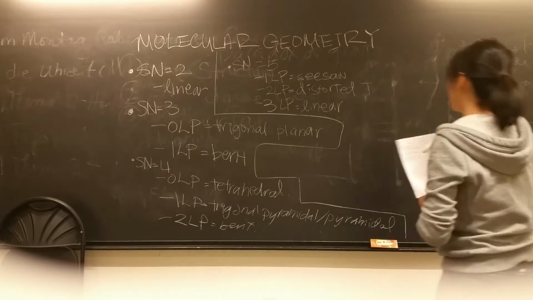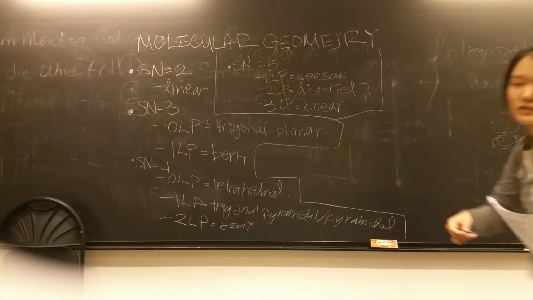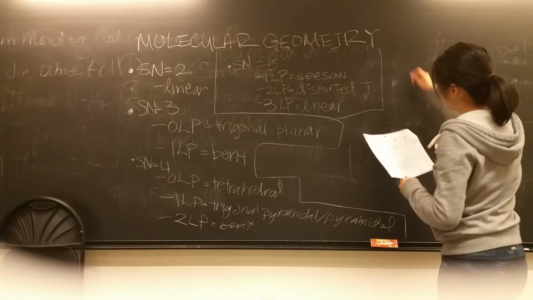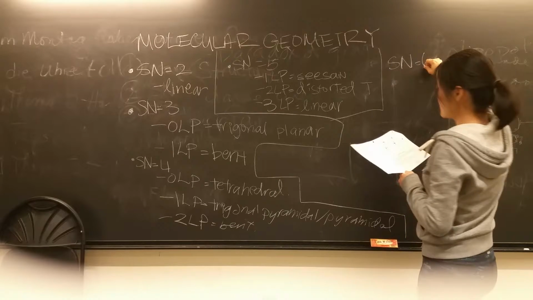Okay. So let's say that we have, I'm just going to check that I have enough space. Yeah, I guess I could deal with that. All right. So steric number of 6.